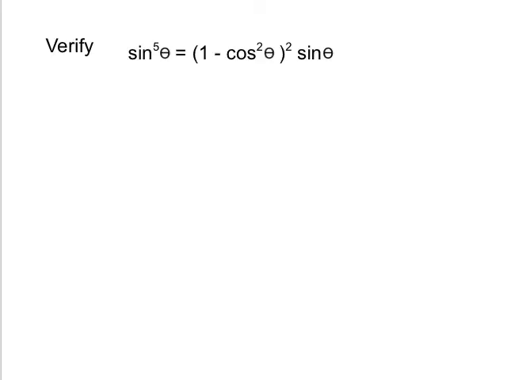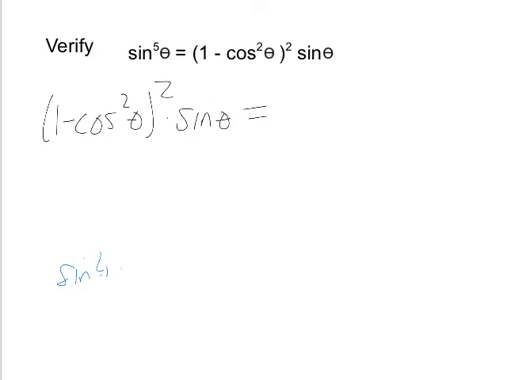All right, last one. I'm going to start on the right side. So we've got 1 minus cosine squared theta, and we are squaring that, times the sine theta. All right, here's the deal. In your Pythagorean identities, you will again see that sine squared plus cosine squared equals 1, right?